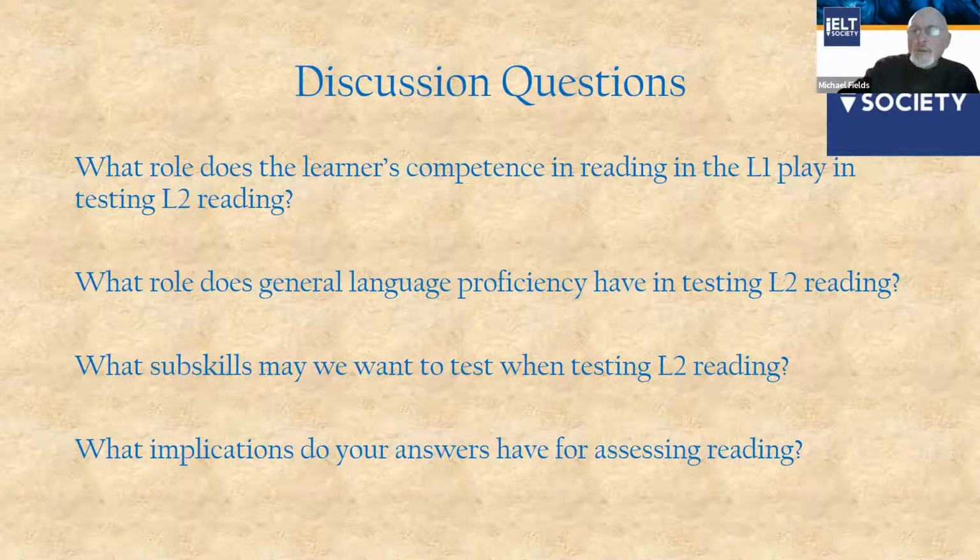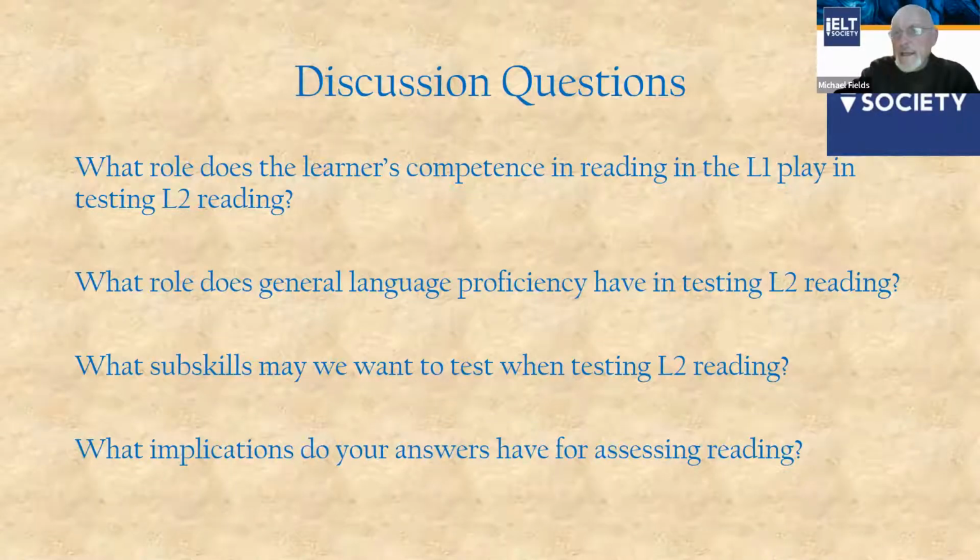What about general language proficiency? So if we say that a learner is intermediate or upper intermediate, or if we say he's a B1 or a B2, how does that influence his competence in reading? So it has to do with the complexity of ideas.